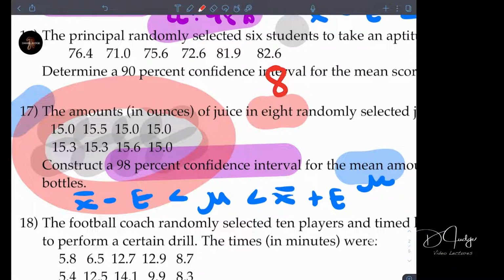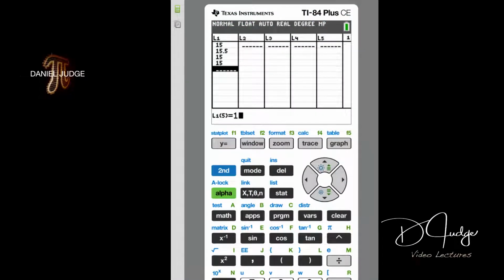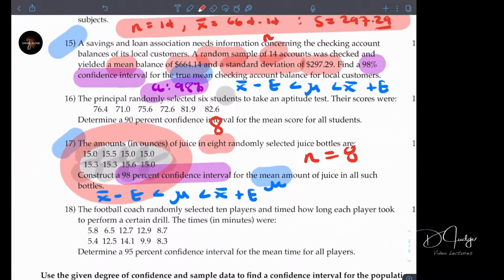And then I have 15.3, 15.3, 15.6, and another 15. So I'm going to enter that in too. 15.3, enter. Another 15.3, enter. 15.6, and then straightforward 15 again. So this is all of the data, the 8 data values here.